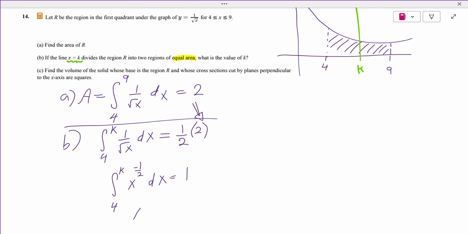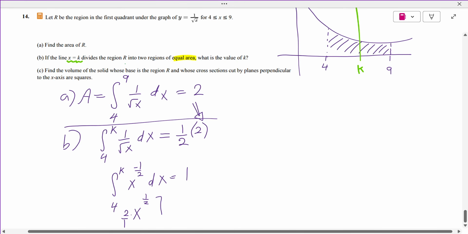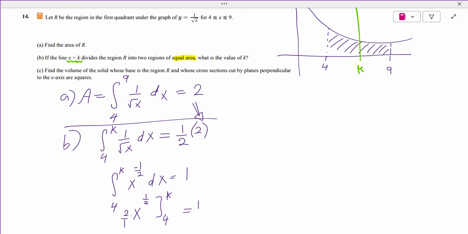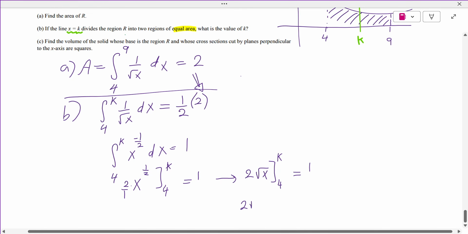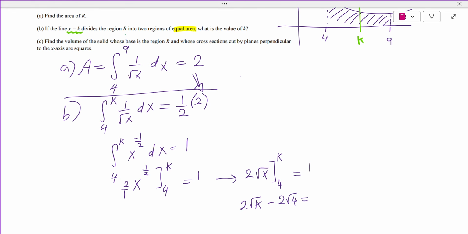Now integrate. This is x, add 1, it will be 1 over 2. Divide by 1 over 2 or multiply by 2 over 1. And this is evaluated from 4 to K and this is equal to 1. Now, this is 2 root of x evaluated from 4 to K, equals 1. Now plug in the upper minus lower. 2 root of K minus 2 root of 4 equals 1.